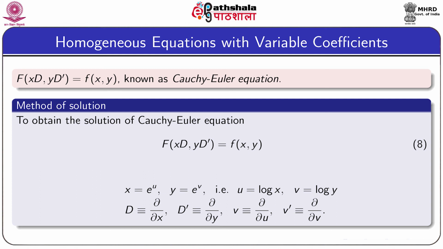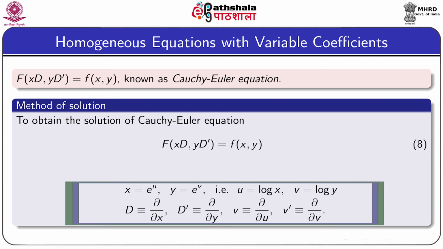Though the Cauchy-Euler equation is a differential equation with coefficients that are not constant, this equation can be transformed into an equation with constant coefficients with some transformation in the independent variables x and y, and the transformation is this: x equals e to the power u and y equals e to the power v.